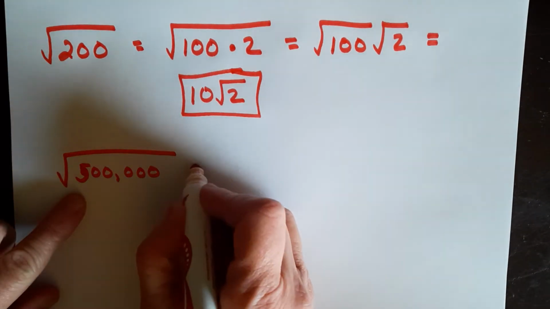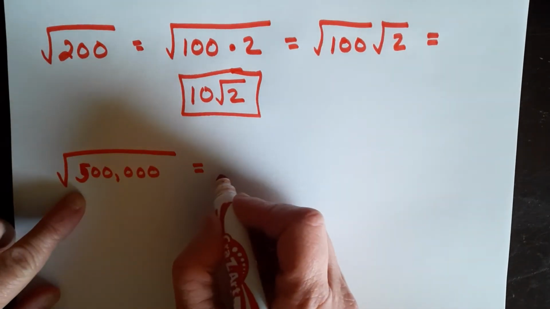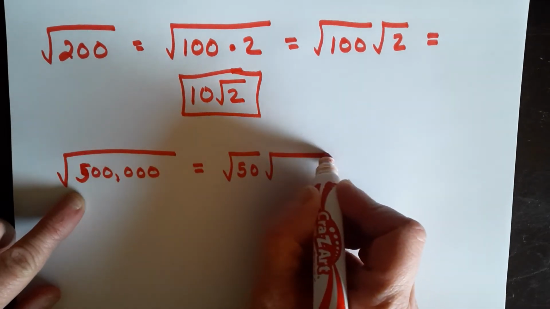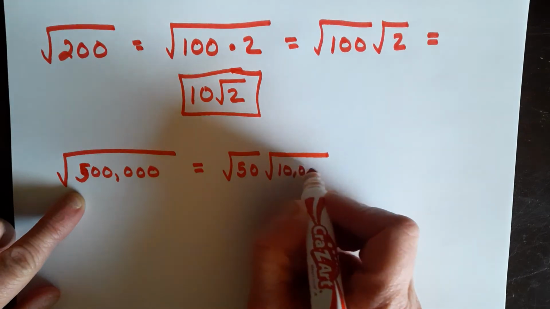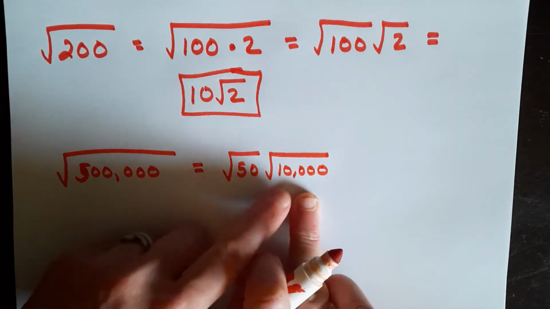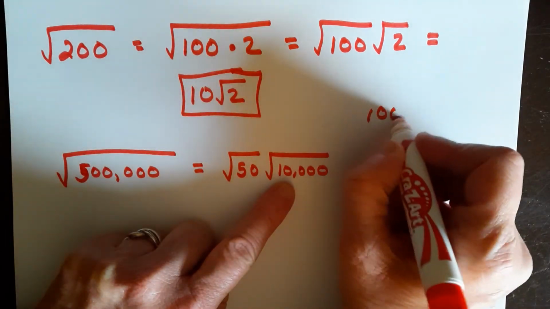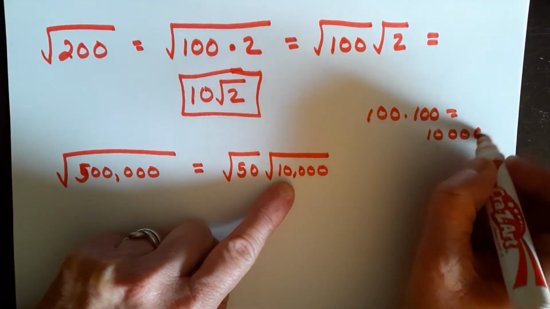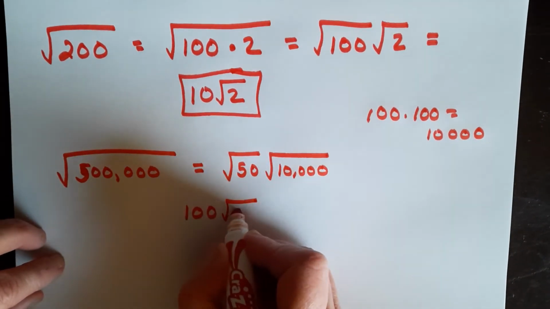We can rewrite the square root of 500,000 as the square root of 50 times the square root of 10,000. And from there, we know that the square root of 10,000 is 100 because 100 times 100 equals 10,000. So now we have 100 times the square root of 50.